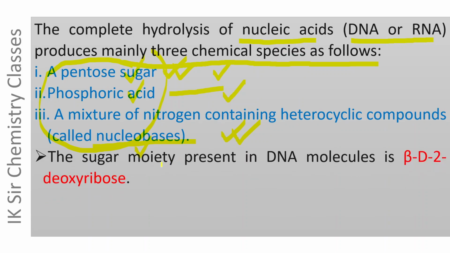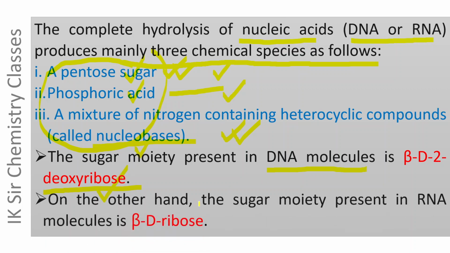The sugar moiety present in DNA molecules is beta D-2-deoxyribose, while on the other hand, the sugar moiety present in RNA molecules is beta D-ribose.